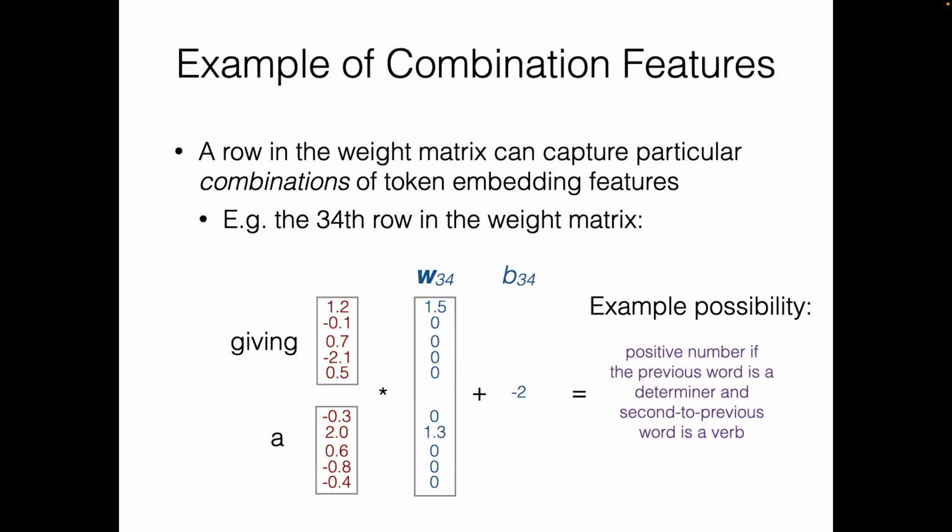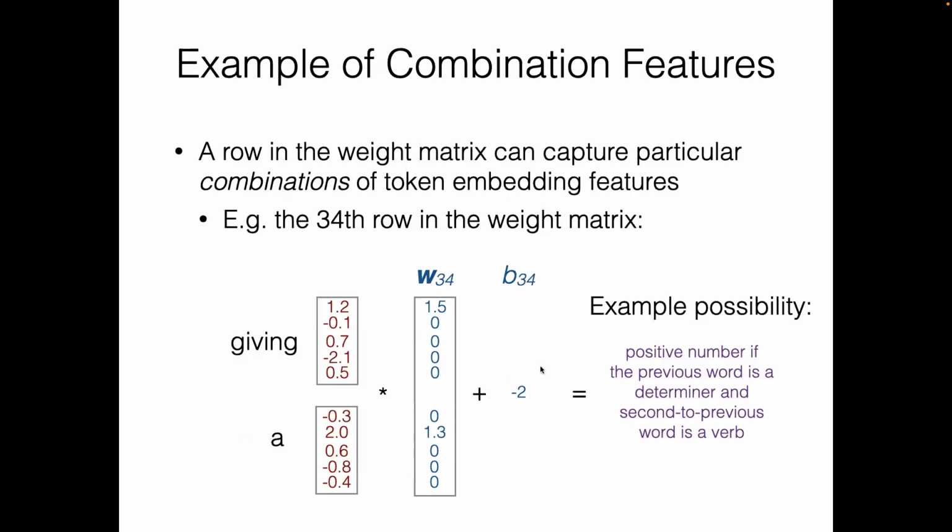So cool. So some examples of what this can learn. Here again, it gets hard to envision or interpret any possible thing that the model could learn. But here's one possibility. Here we have 2 different tokens, and here we have some weights that might be learned after the optimization.